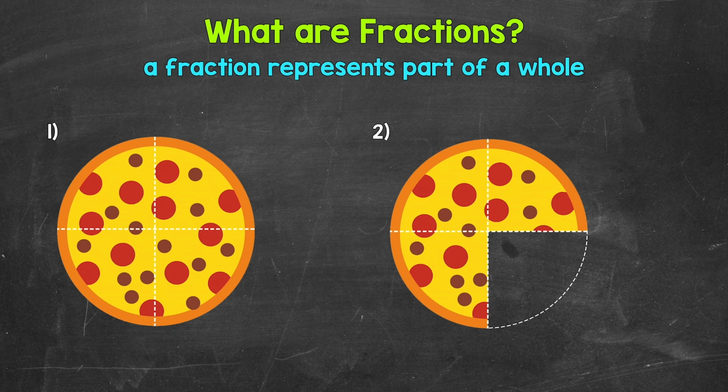For numbers 1 and 2 here, let's write fractions to represent how much pizza is left. So let's look at number 1 first. We will start with how many total equal parts the whole has been divided into. The whole has been divided into 1, 2, 3, 4 equal parts. So that's our denominator, the bottom number of the fraction.